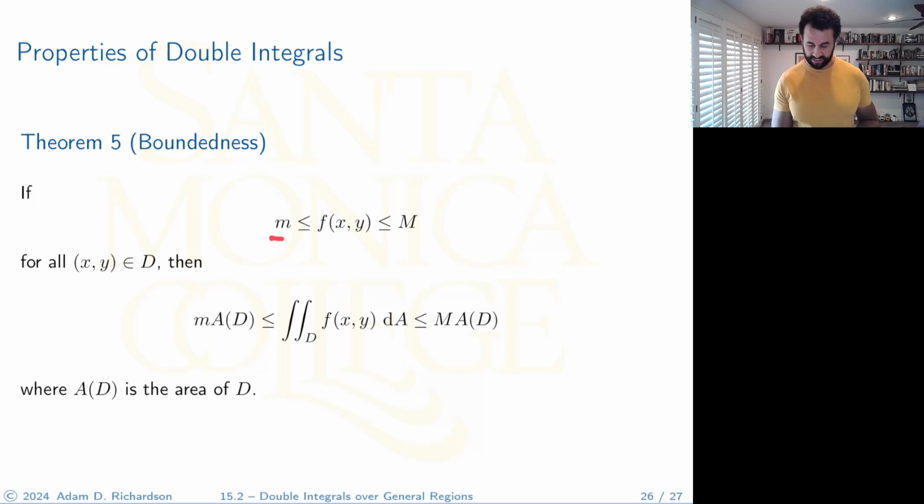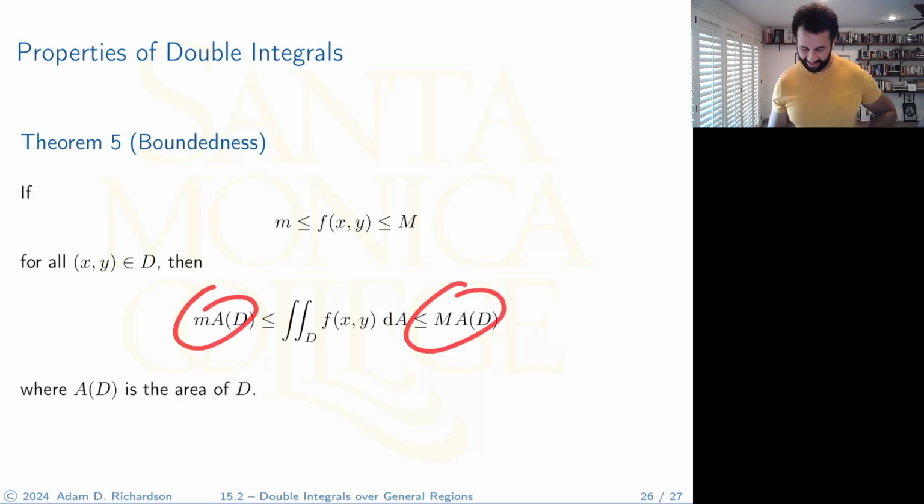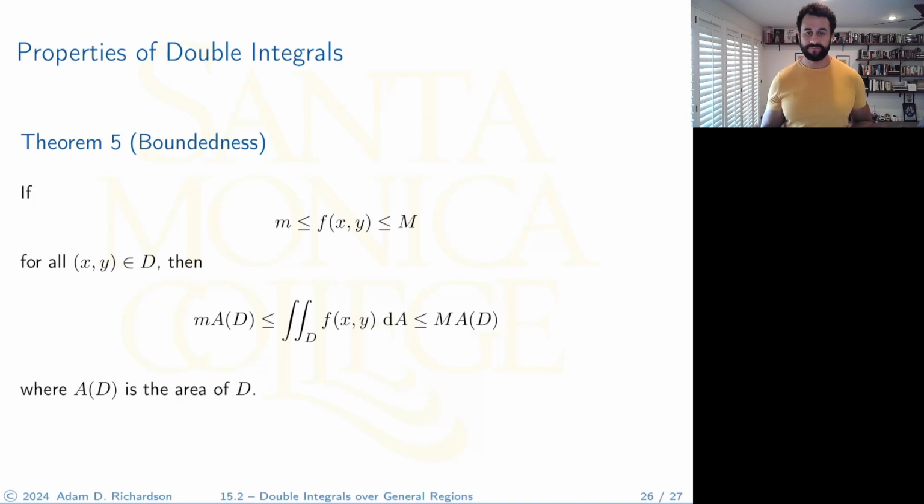So our function is trapped. Remember, these are basically surfaces in space. And if you know that there's a maximum value and a minimum value, then whatever that integral is, it's got to be between the volume of these boxes. That's what it's saying.